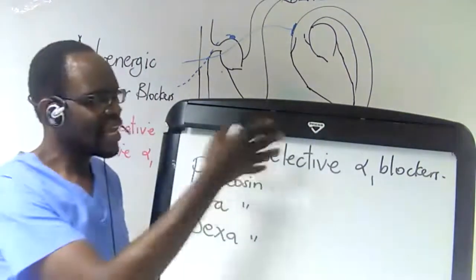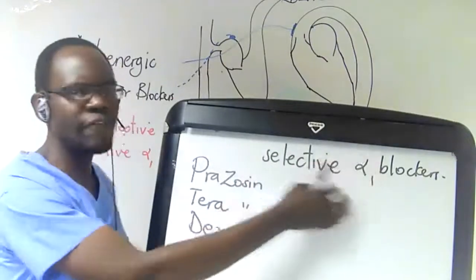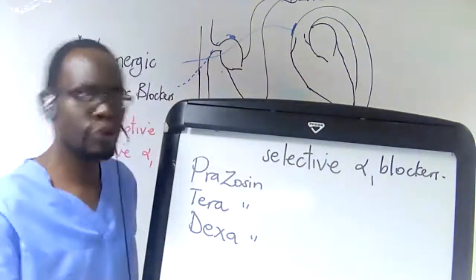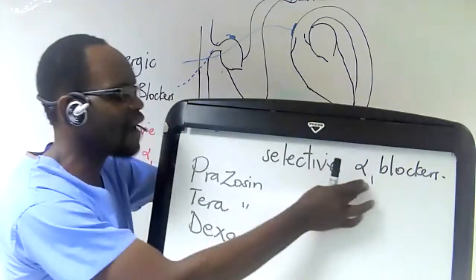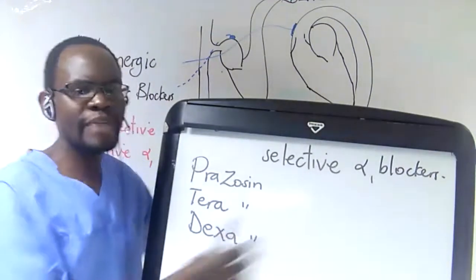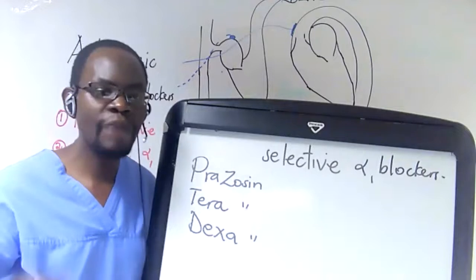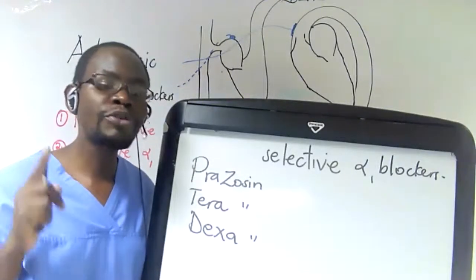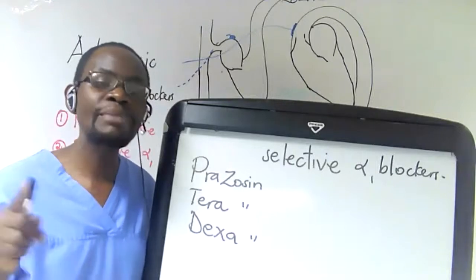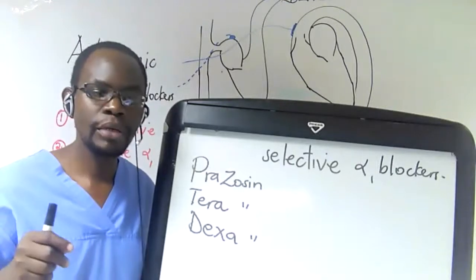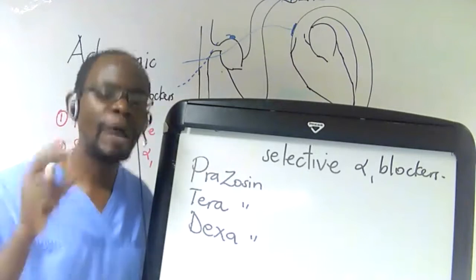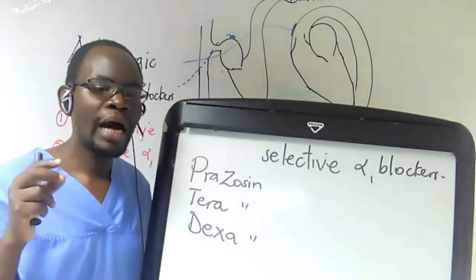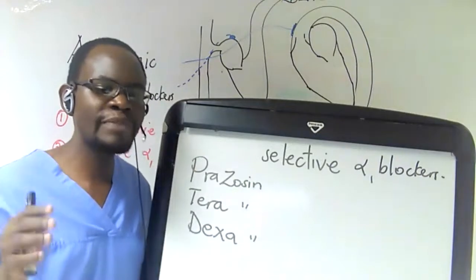Of course, if they block the alpha 1 receptors, that means there will not be stimulation, because alpha 1 receptors are stimulatory, while alpha 2 receptors are inhibitory. Please note that.